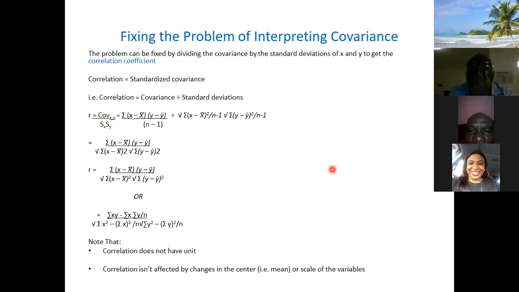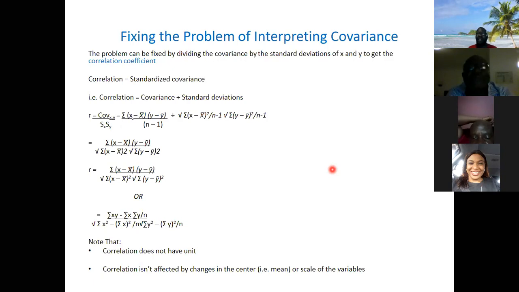Instead of quoting a particular value, for example saying that this person weighs 80 kilograms, you look at the difference between this person's weight and the mean weight of the population. Once you know the difference, you divide by the standard deviation of the population. It gives you how many standard deviations away from the mean. It's standard. That's what they call the z-score.